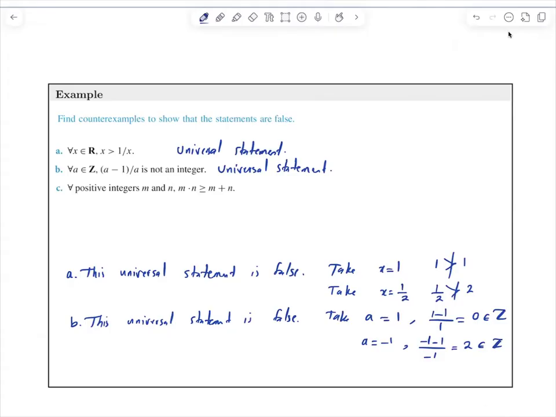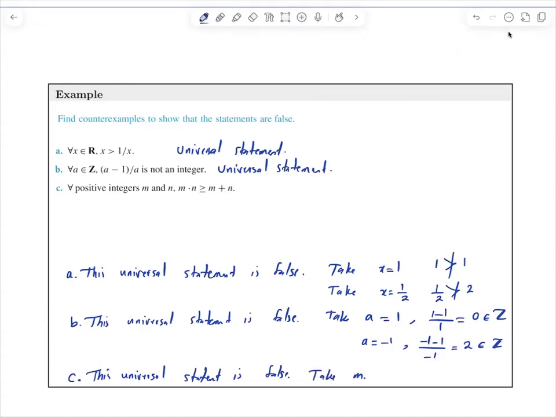C says, for any positive integers like m and n, m times n is more than or equal to m plus n. Well, take a look. This is another universal statement, which is false. Why is that?